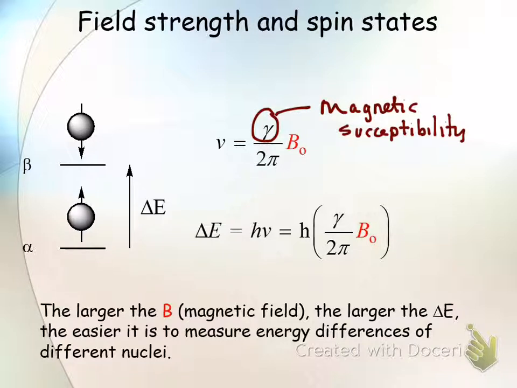The magnetic susceptibility is just how responsive a nucleus is to a magnetic field. And for hydrogen, it's a lot higher than for carbon. So not only is carbon at a disadvantage because it's only 1% carbon-13, but its magnetic susceptibility is also lower than hydrogen's. And as a result, carbon's a lot harder to do.